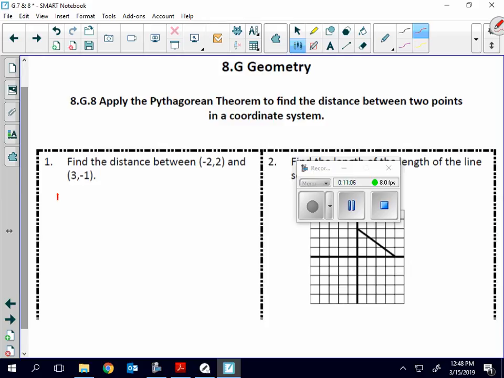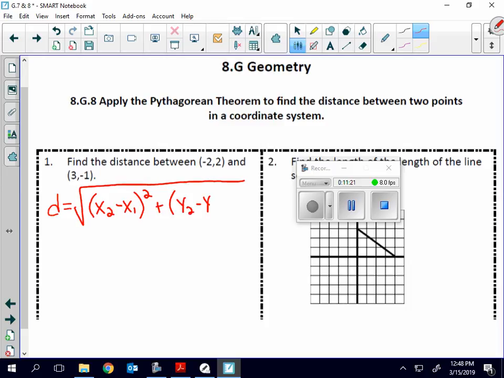So you're going to write this with me. The distance formula is the square root of, big square root sign, x2 minus x1 squared plus y2 minus y1 squared. It's just the changes in the x squared and the changes in the y squared. Add them together, take the square root.